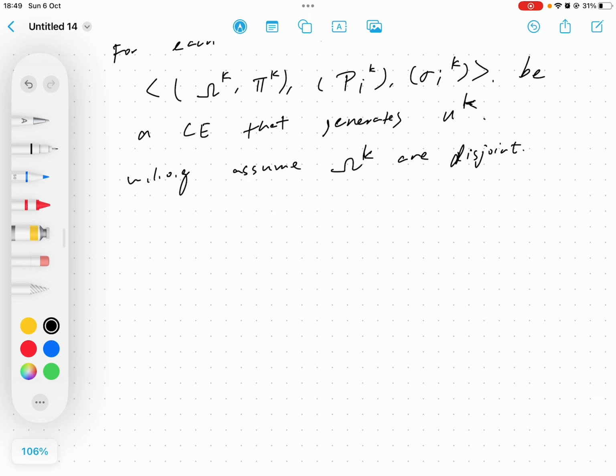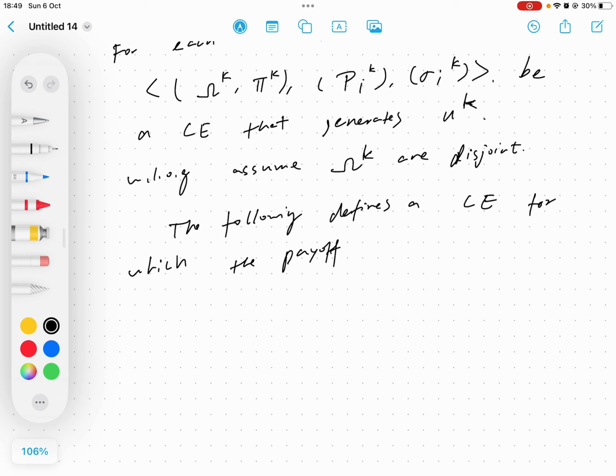All right. So then the following defines a correlated equilibrium for which the payoff profile looks like this: the summation over k of lambda k times u^k.